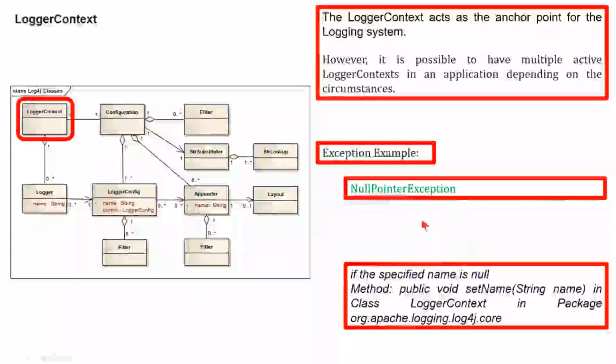As an exception example, we can consider the NullPointerException. It is thrown if the specified name is null in the method public void setName(String name) in class LoggerContext in package org.apache.logging.log4j.core.